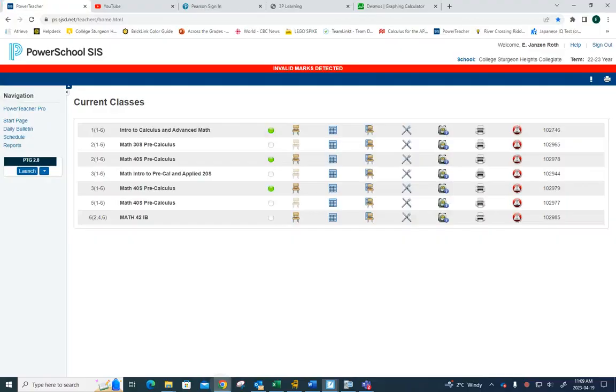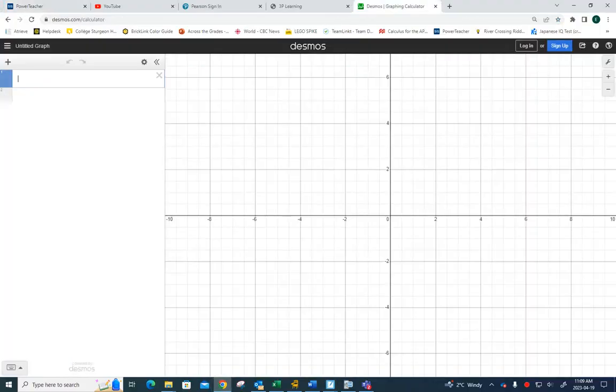So we'll go to Desmos, you log on to Desmos, and we can type in the equation exactly as we saw it. So y equals 90 minus 2x, x plus 10, and x.